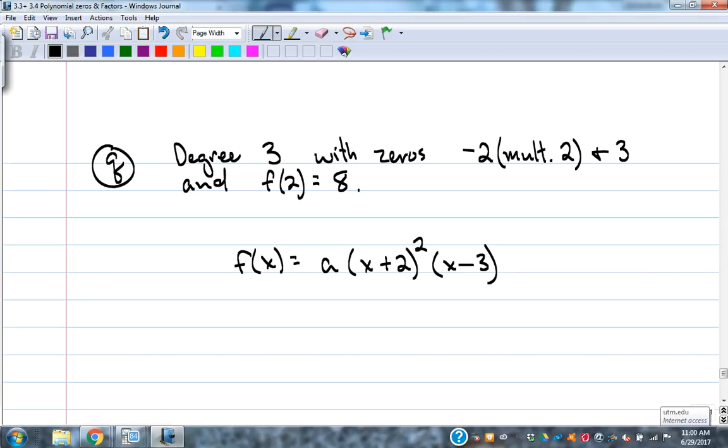Again, finding a can be done at the beginning. It can be done at the end. I think the math's probably easier at the beginning because there's just adding and subtracting and very little. It's not as many places to plug it in, I don't think. So plug in 8 and 2.